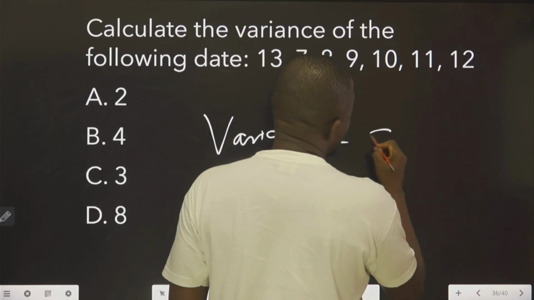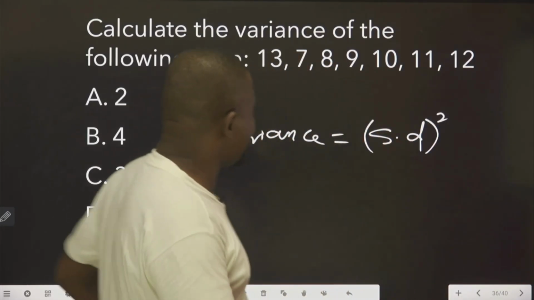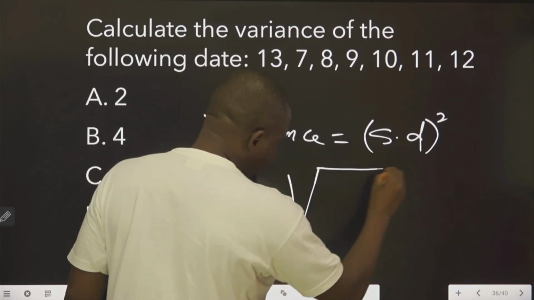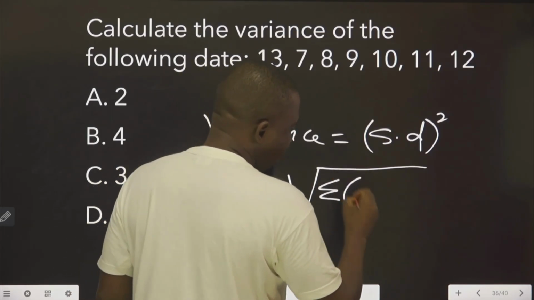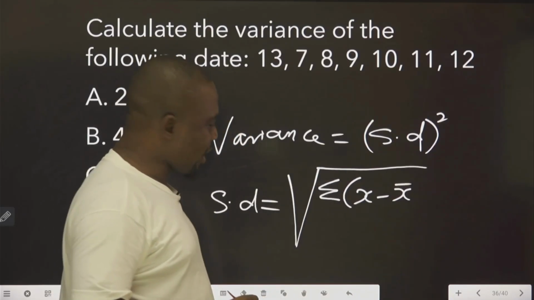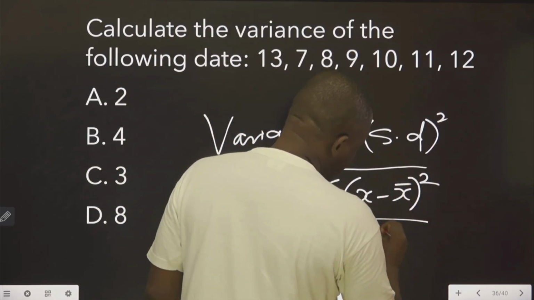That is the square of SD. But what is standard deviation? Standard deviation is equal to the square root of the summation of x minus the mean, squared, over N.